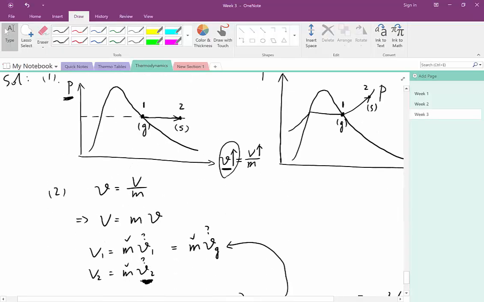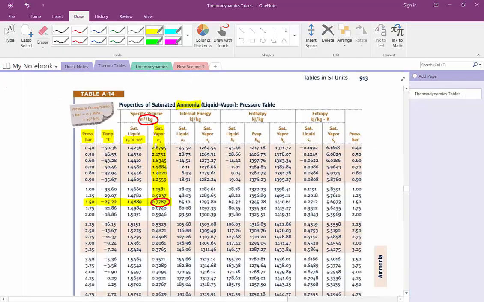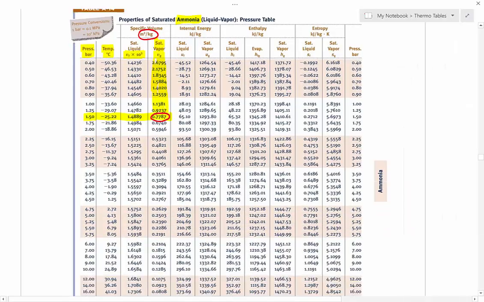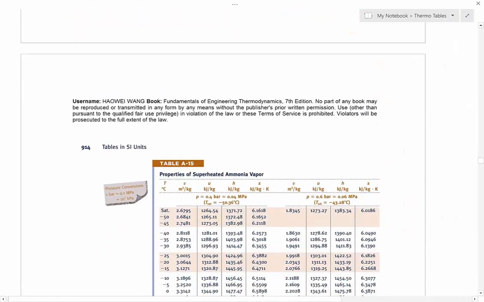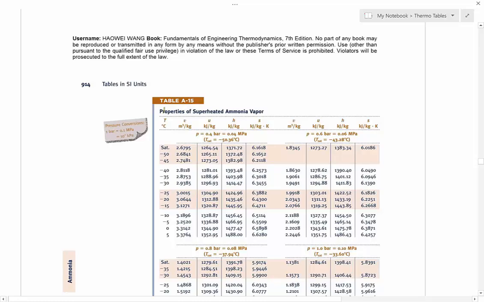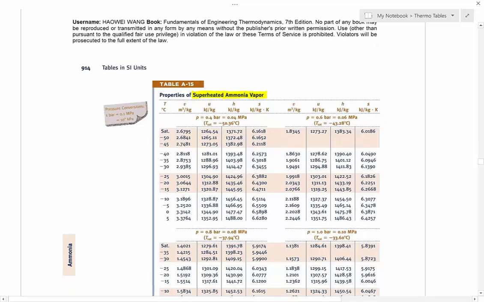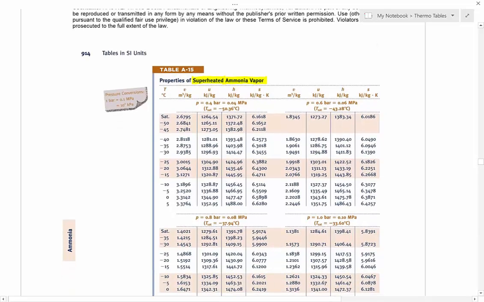Okay, so now let's go back to the table. And now this time we move on to table A15. And then you can see this is superheated ammonia vapor table. Okay, so how do we use table A15? You can see this table is divided into different blocks corresponding to different pressures.